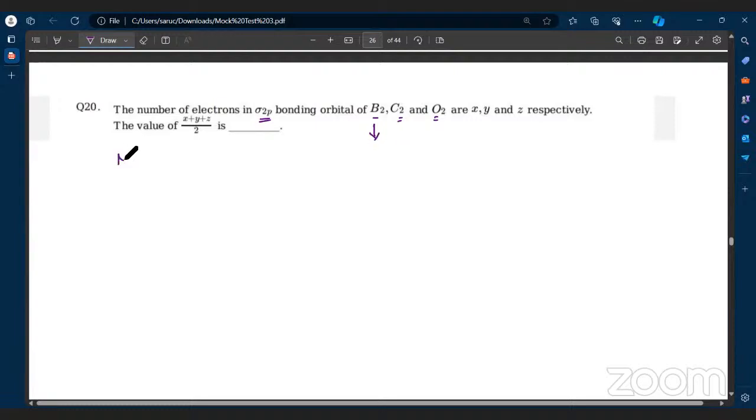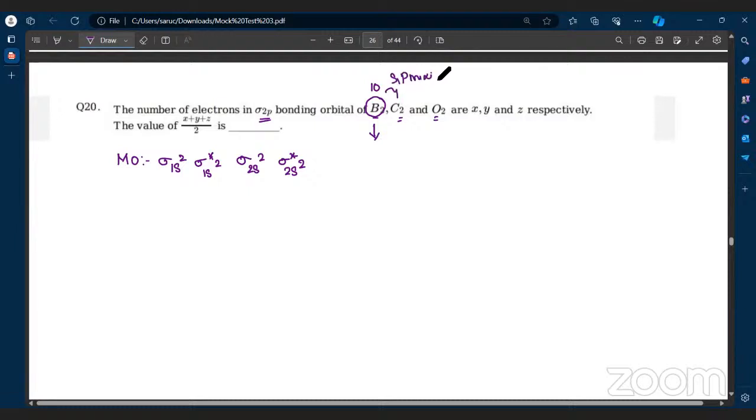Totally, how many electrons in B2? It is going to be 10 electrons. So the MO configuration will be sigma 1s2, sigma star 1s2, sigma 2s2, sigma star 2s2. We got 2, 4, 6, 8. Then here the pairing will not take place, so it will undergo sp mixing.